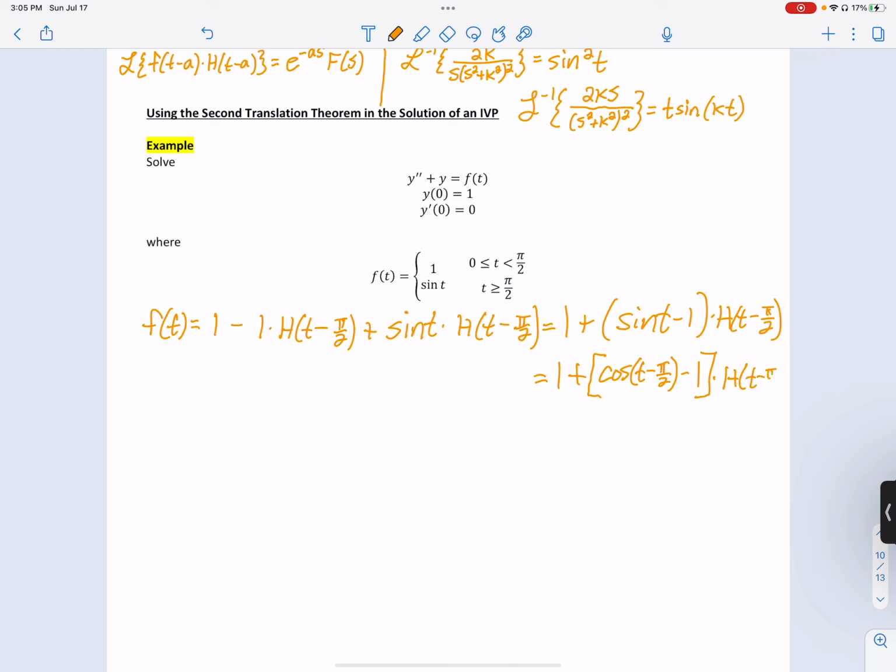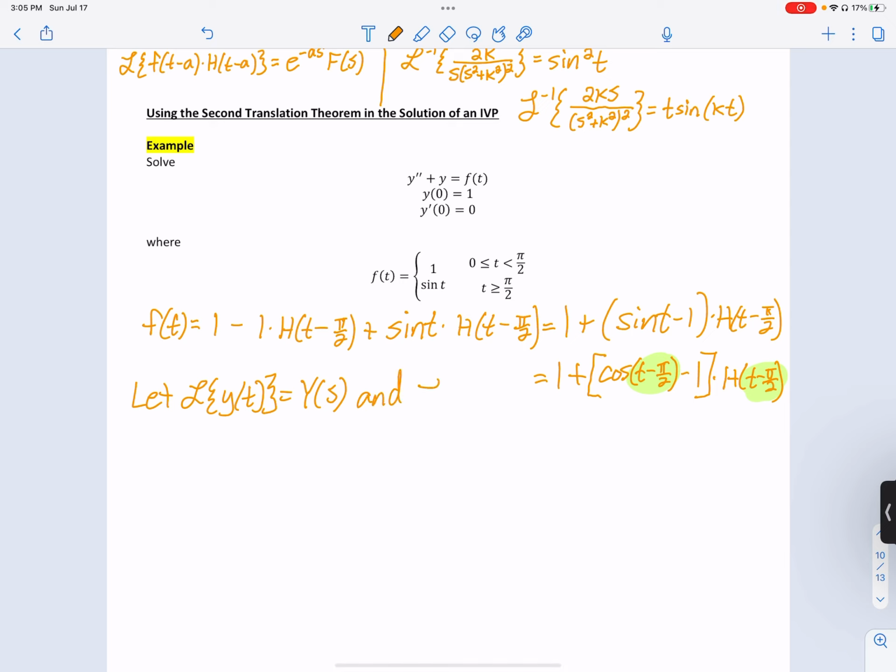All right, so that's all there. The only thing that did change was I changed sine of t to cosine of t minus pi over 2. The reason I did that is because now I have these matching. That's nice. That's going to help us when we take our Laplace. All right, so let the Laplace of y of t equal big Y of s.